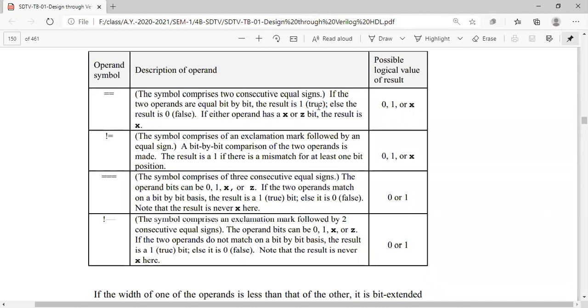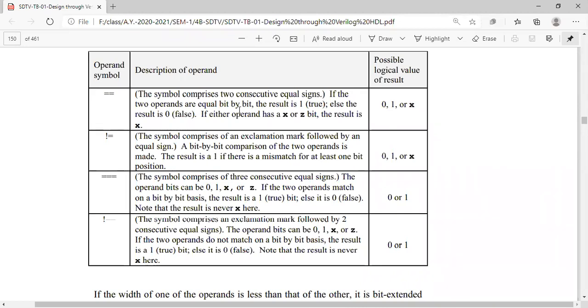That means, for example, we have A of 3, A of 2, A of 1 and A of 0. In the same fashion, we have B of 3, B of 2, B of 1, B of 0.